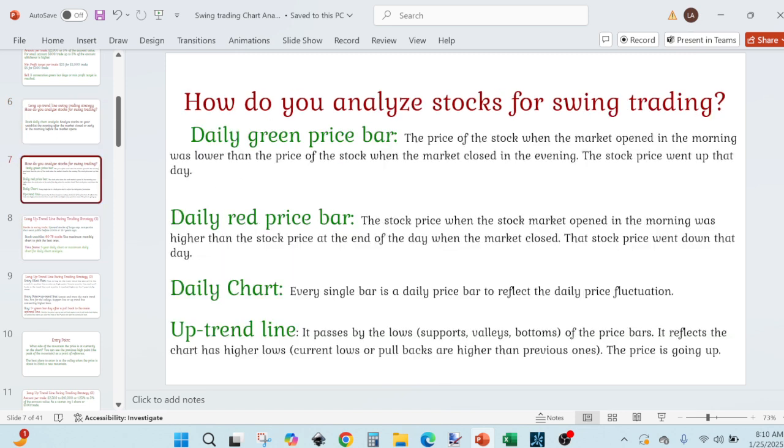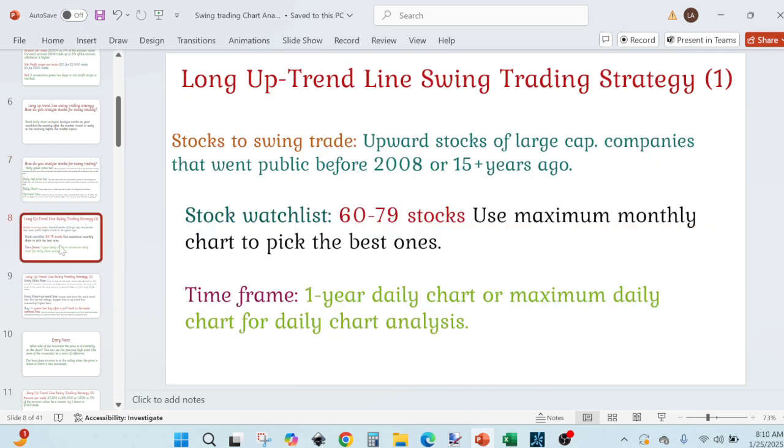So we do have those red bars and green bars on the chart to signify the days that the price went up and the days that the price went down. As a swing trader, it's good to swing trade on a daily chart. At least you can use a daily chart for your swing trading to buy and sell stocks and to analyze the chart.